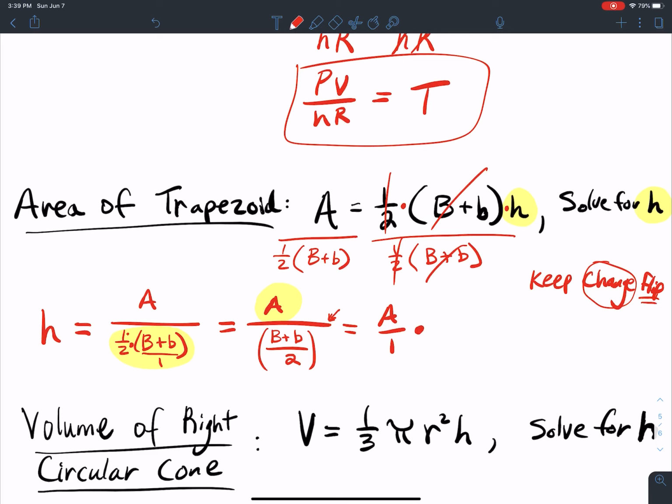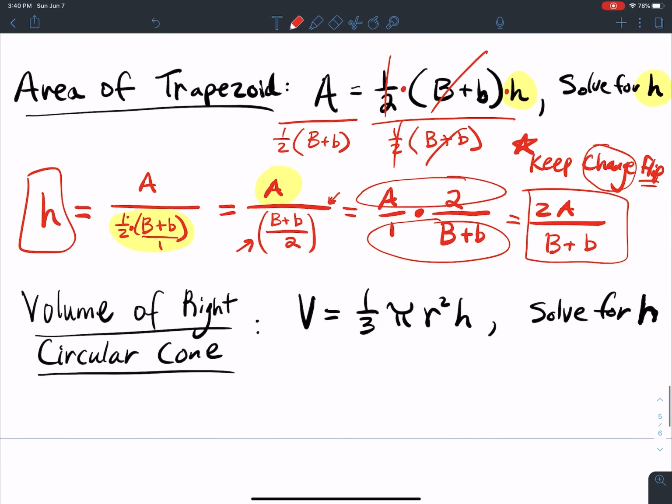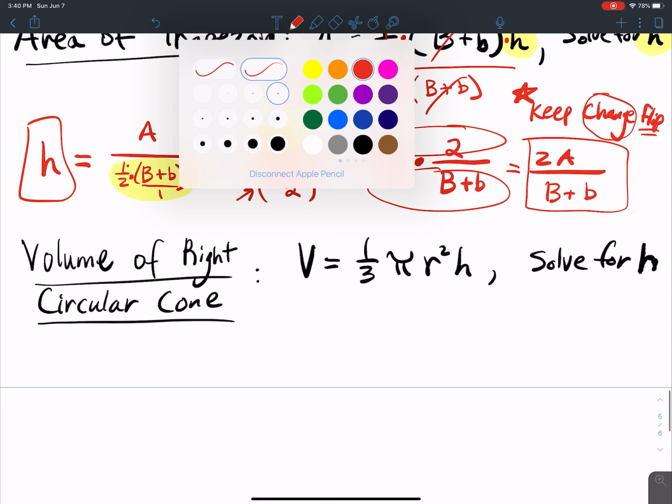And then I flip, I do the reciprocal of the denominator. The reciprocal of the denominator is 2 over (B plus little b). Now I multiply across, and I get 2A divided by (B plus little b). And that's my answer. That's what's solved for H there. Okay, so that's the keep, change, flip method. Anytime you're dividing fractions, you use the keep, change, flip trick.